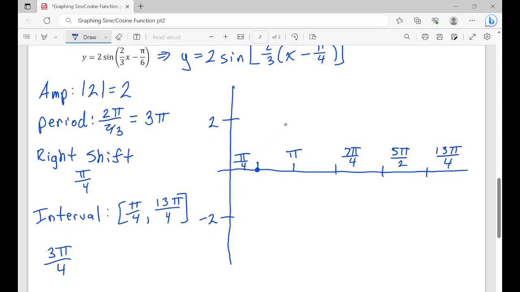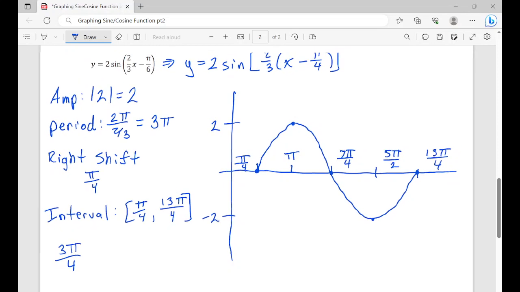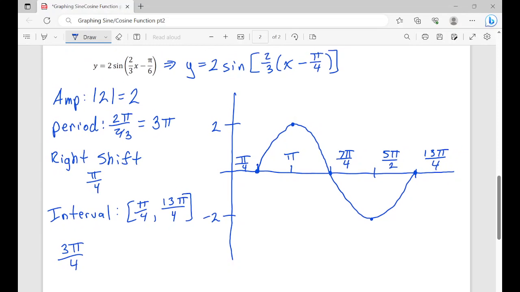So it starts here, gonna max out here, then cross the x-axis again here, reach its lowest point here, and then come back up and end here. So up, down, then back up again. And here is the graph of this shifted function.